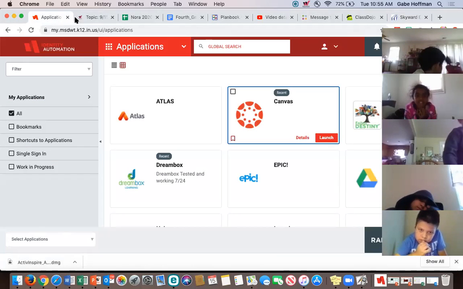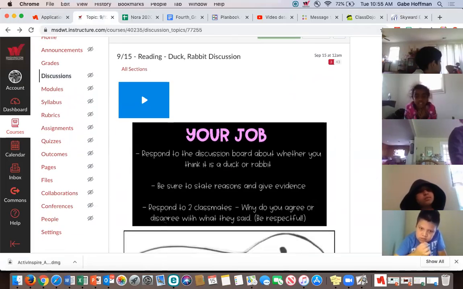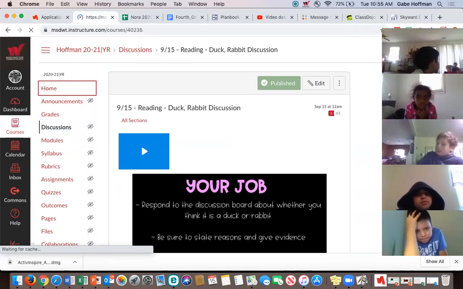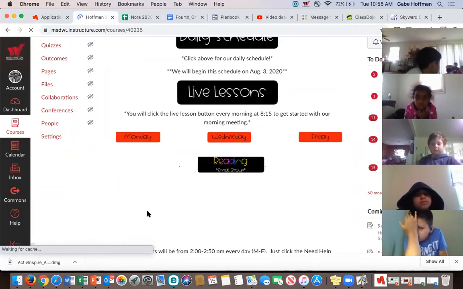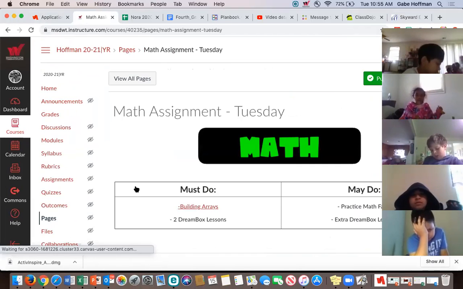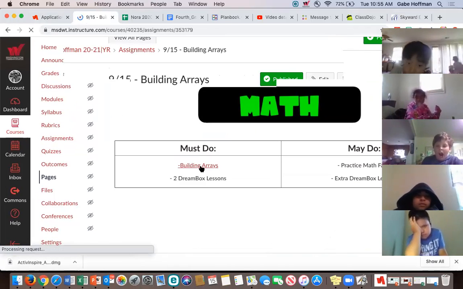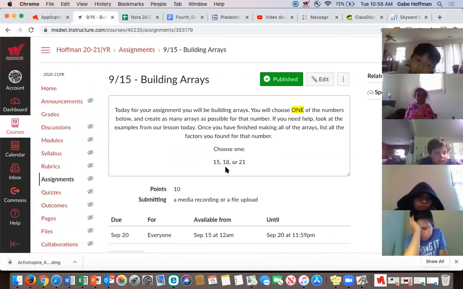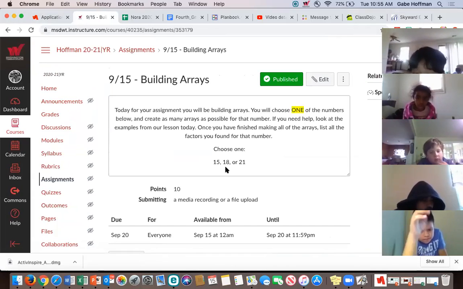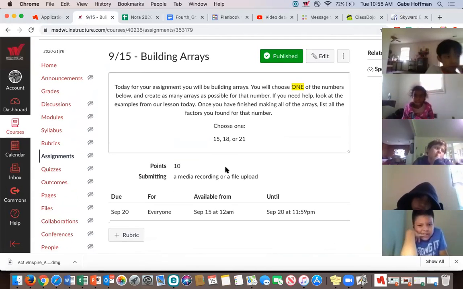You're going to go to Canvas, go to Tuesday, go to Math, and then Building Arrays. It says, today for your assignment, you will be building arrays. You will choose one of the numbers below to create as many arrays as possible for that number. If you need help, look at the examples from our lesson today. Once you have finished making all the arrays, list the factors you found for that number.